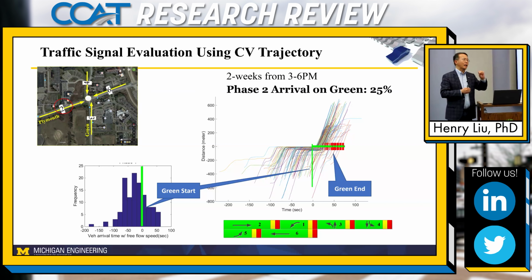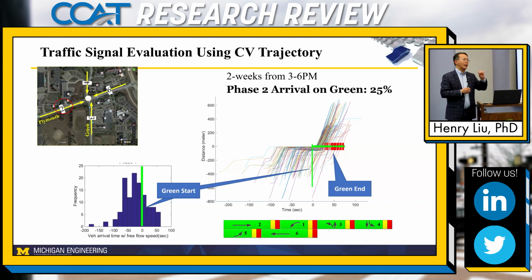We also develop a new model connecting the traffic flow model together with the trajectory data. Once we have that model, we can utilize it together with an optimization algorithm to optimize the traffic signal timing plan. Then we implement that in the field, and the loop runs again. That's the new paradigm versus the old paradigm, which really relies upon detector data.